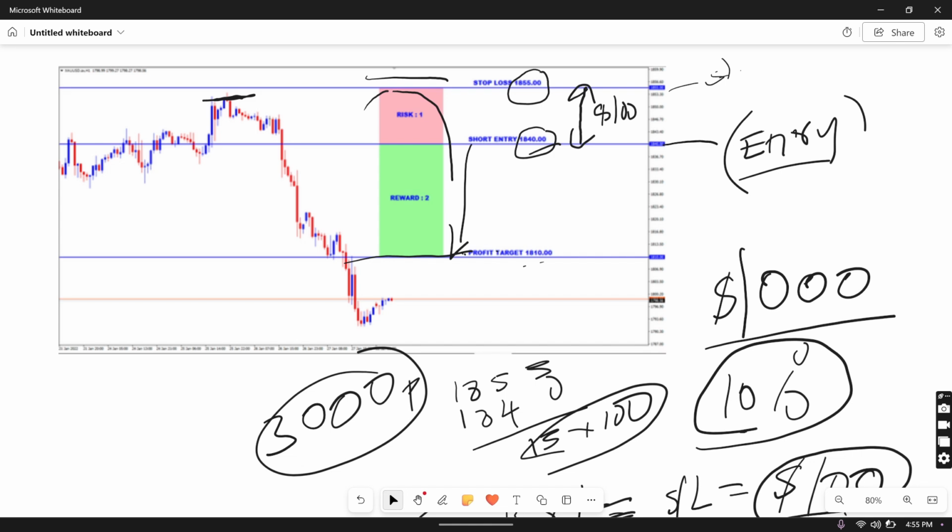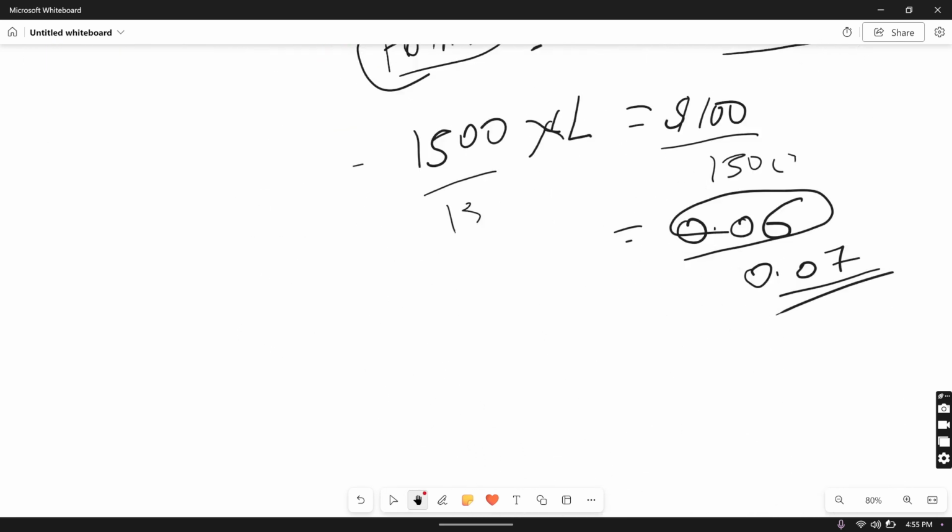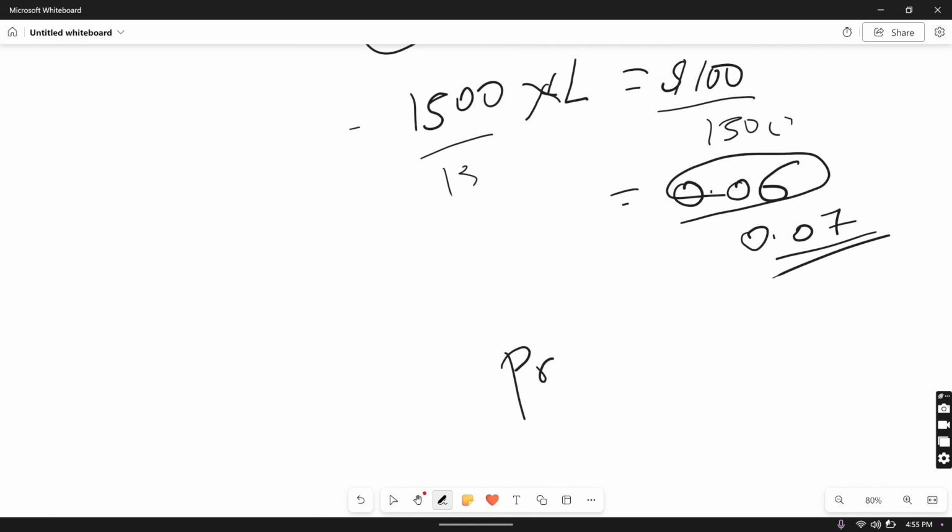And the most important part is it's very easy to know how much you can make. So if you are losing $100, it means we'll be making how much? We'll be making $200. So the profit here will be $200.